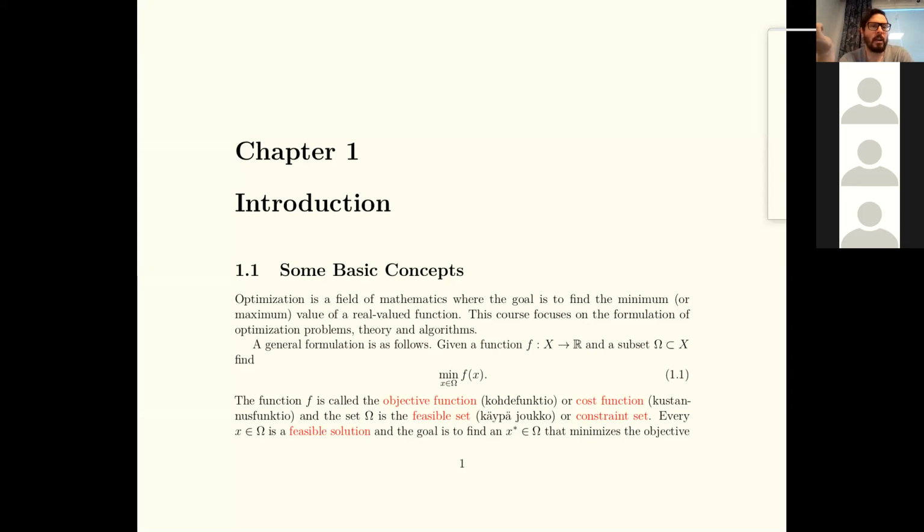And then this feasible set, this omega, may be something like this: let's say you are driving, and these x's are the routes that you can drive. Then the feasible set omega would be the set of all roads where you're not driving the wrong way on a one-way street, for example, and not driving through someone's lawn. So it's not unconstrained, meaning you can't just drive in a straight line from here to there.